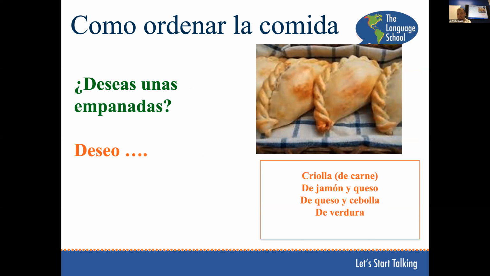It's not going to tell you necessarily what's in it, but una empanada criolla from Argentina would be made of ground beef, and typically might have green bell pepper, olives, onions, that sort of thing, garlic. De jamón y queso means ham and cheese. De queso y cebolla, meaning cheese and onion, and then de verdura, meaning just a veggie empanada.